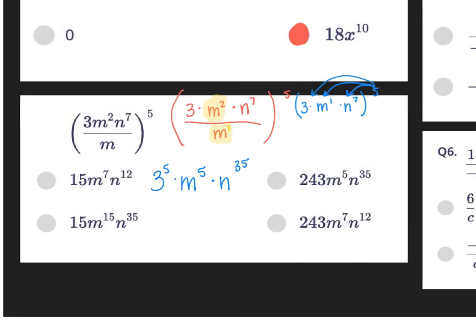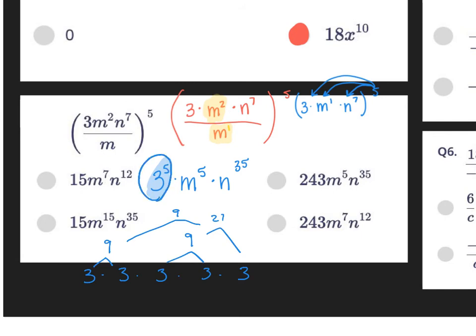Now, there is one more thing we can do here. You'll notice none of these says 3 to the 5th. So I actually need to multiply this out. What is 3 to the 5th power? That's the same as saying 3 times 3 times 3 times 3 times 3. 3 times 3 is 9. 3 times 3 is 9. 9 times 3 is 27. 27 times 9 is 243.